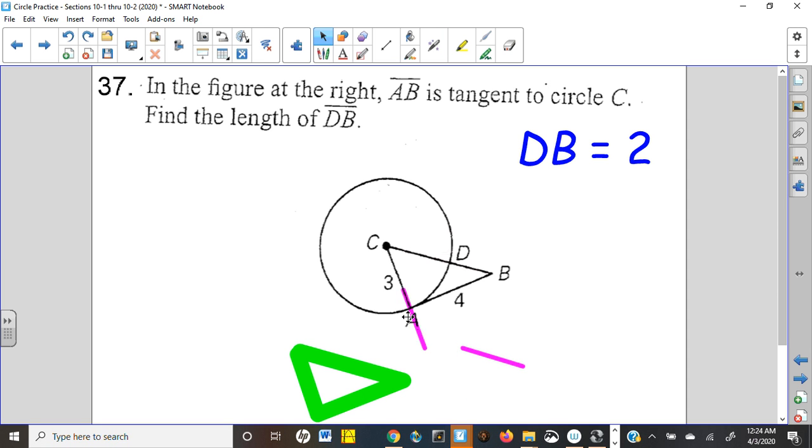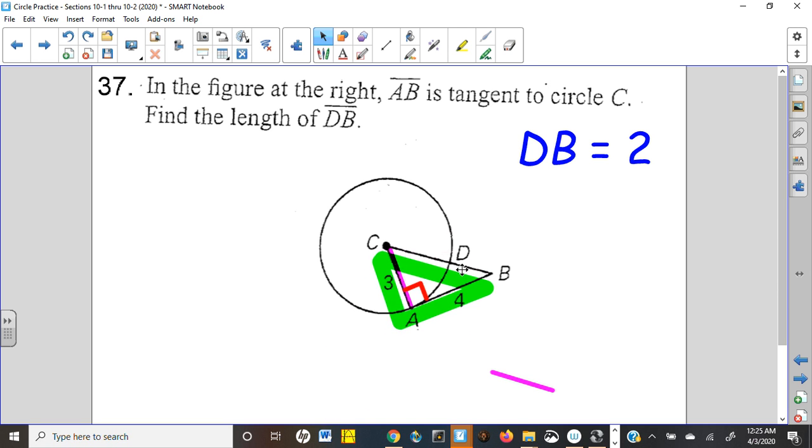But we know quite a bit about the circle. First of all, we know that in any circle, every tangent to a radius drawn to the point of tangency is perpendicular. That's what theorem 10.1 tells us. And so we get a right triangle, right? And in fact, this is your favorite right triangle. It's the good old 3, 4, 5. So hopefully most of you guys didn't have to use the Pythagorean theorem there, right?